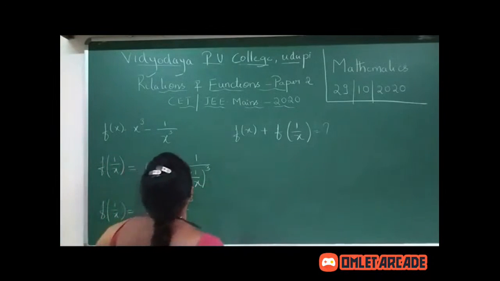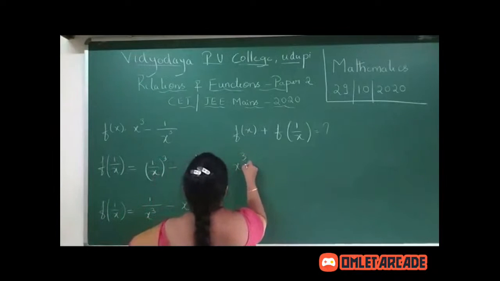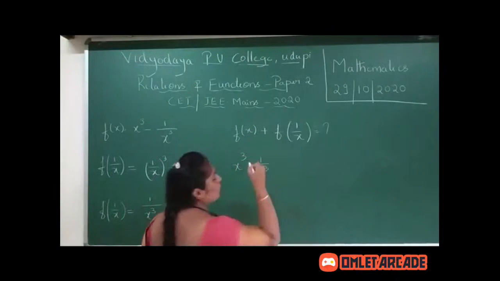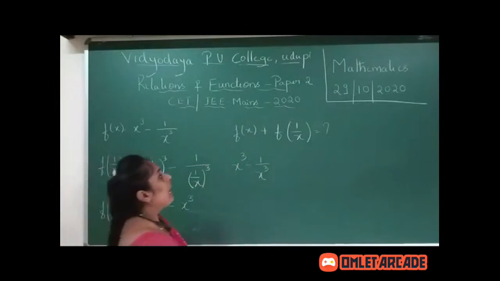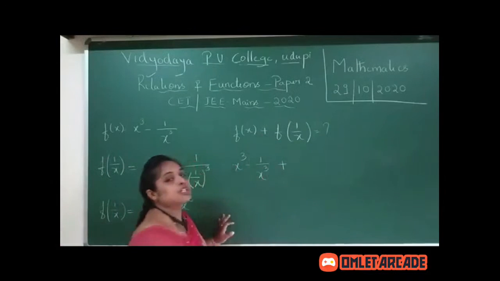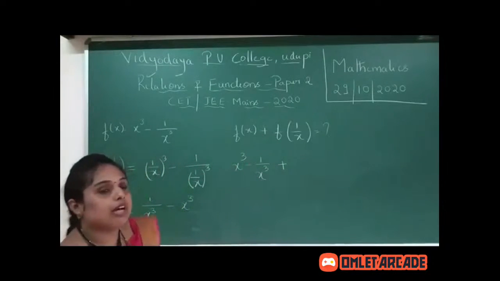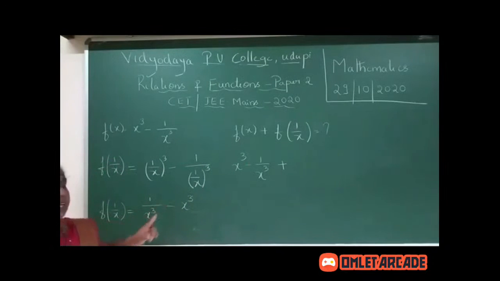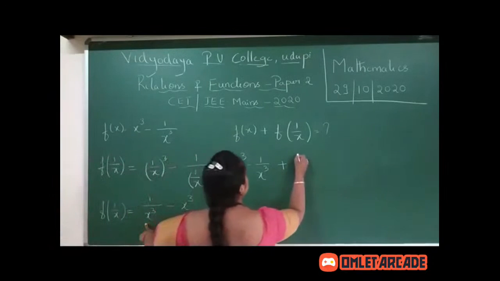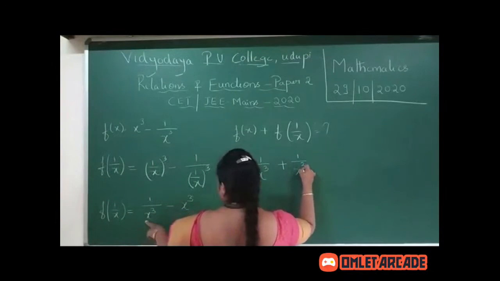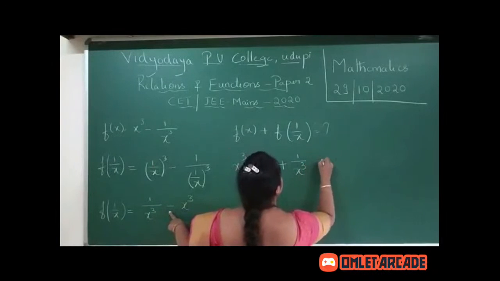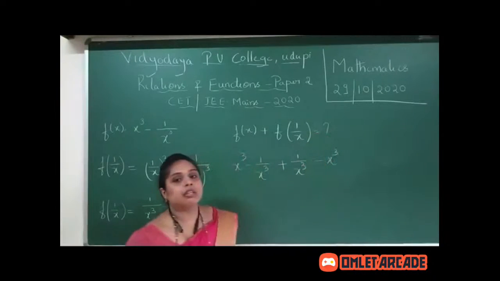In the place of f of x, you write x cube minus 1 divided by x cube, which is already given, and here I have plus sign, so write plus, and f of 1 by x is 1 divided by x cube minus x cube.